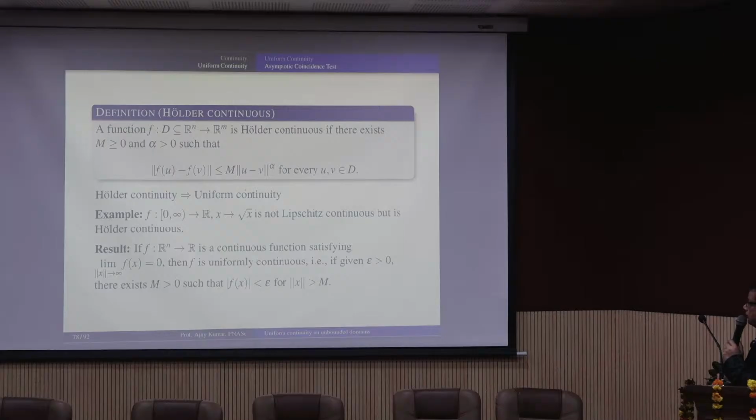Similarly, for Rn we have a similar result. If the function goes to 0 at infinity, then it is going to be uniformly continuous. Going to 0 means: given epsilon, there is m such that |f(x)| is less than epsilon whenever the norm of x, the Euclidean distance, is more than m.